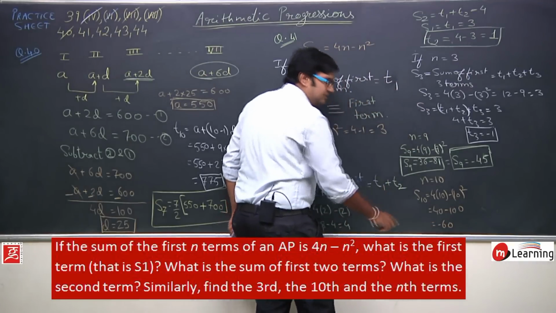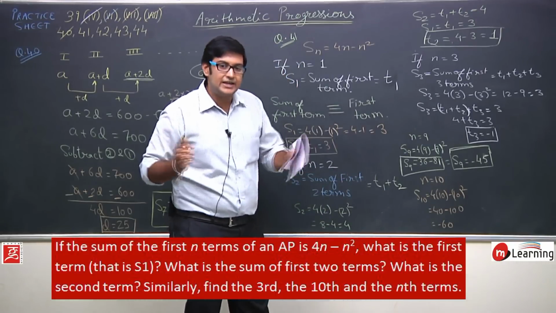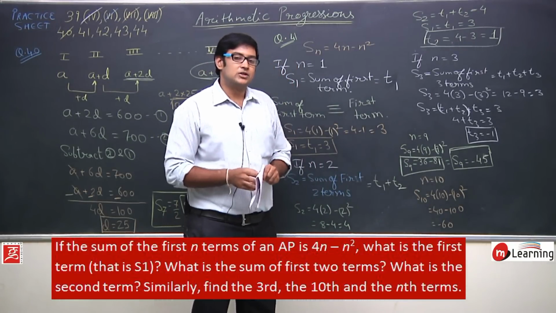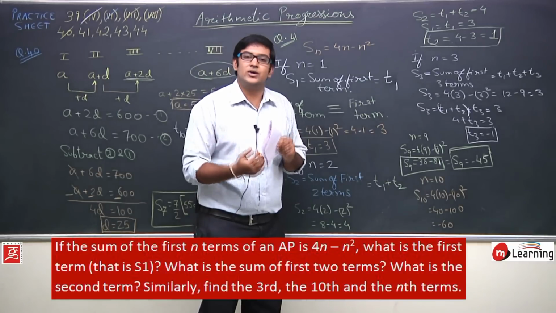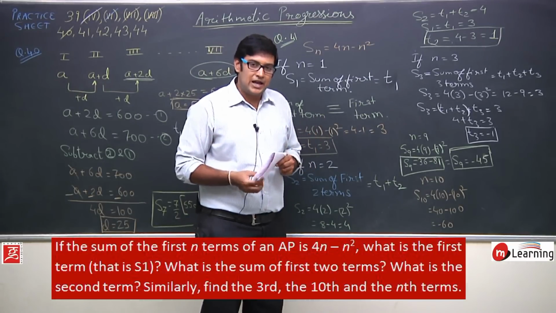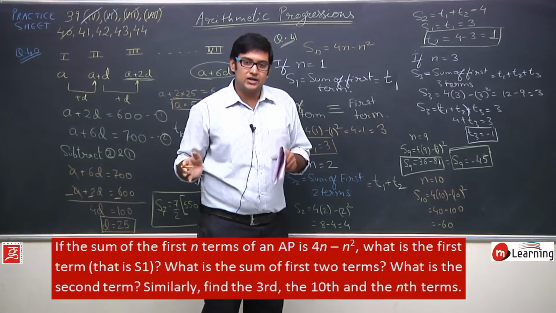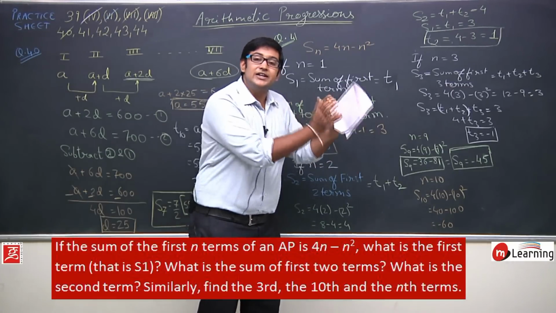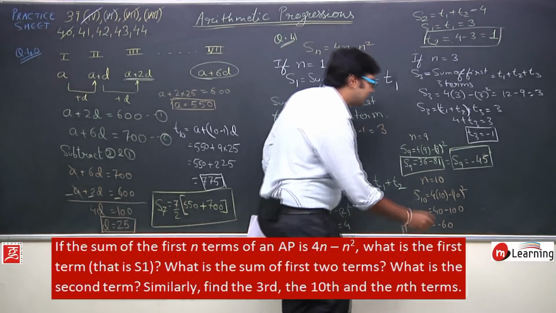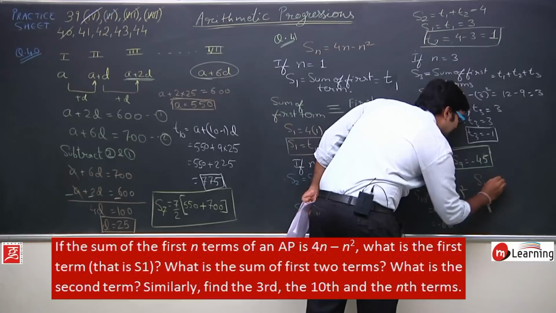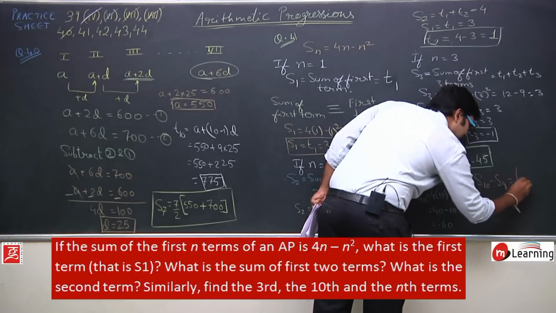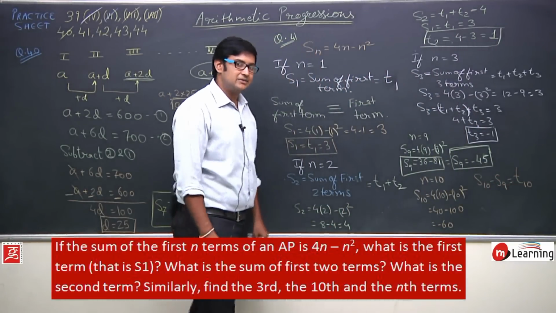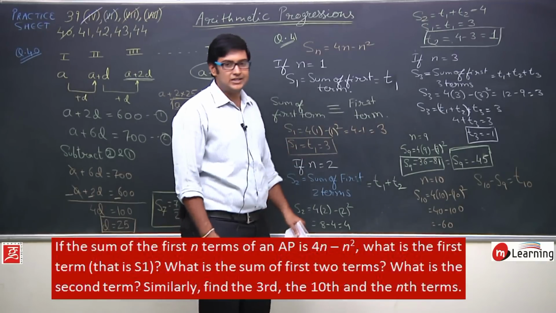Now you have S10 meaning sum of first 10 terms and S9 meaning sum of first 9 terms. So just try to understand, if I subtract sum of 9 terms from sum of 10 terms, I will get the 10th term. What I am saying is S10 minus S9 is basically the 10th term.